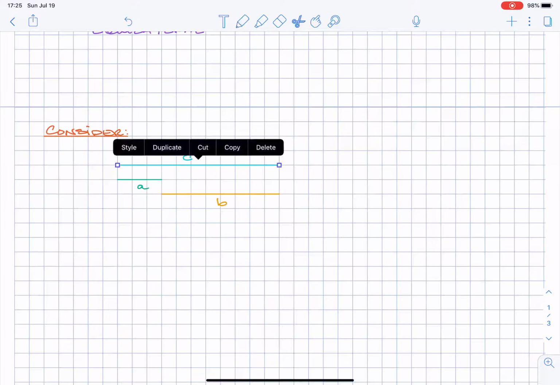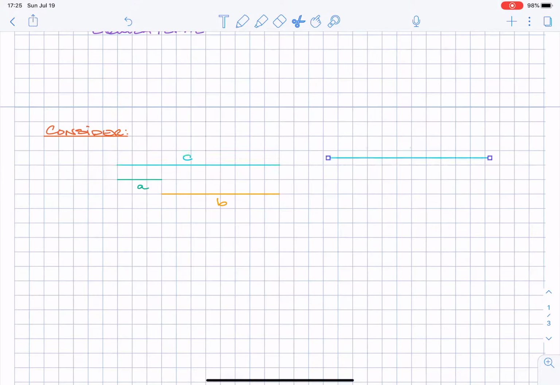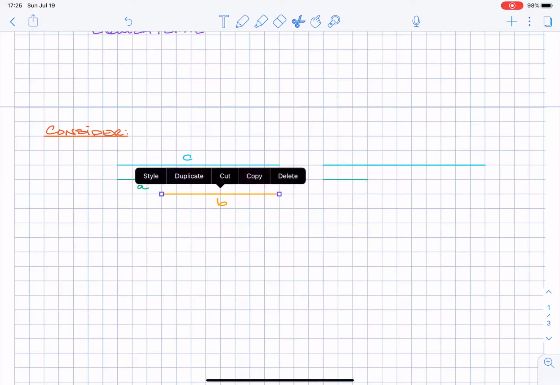So that is, I can create C. Actually, let me just copy and paste. If I take A, copy, paste, and then I put B right next to it, copy, paste. Do you agree that that has the same length as C? So I can say that C is equal to A plus B, right?